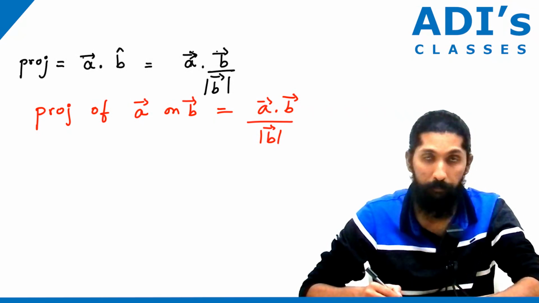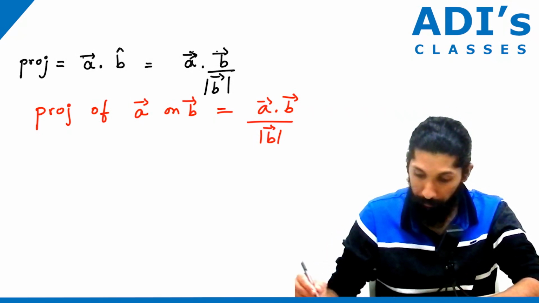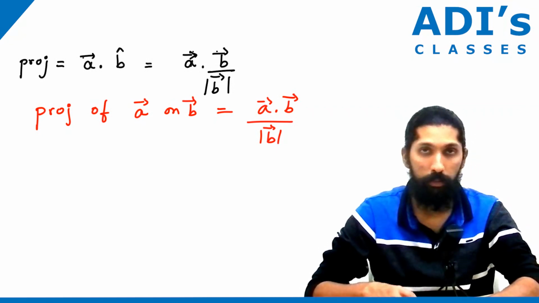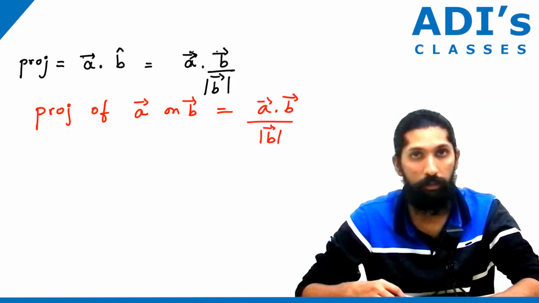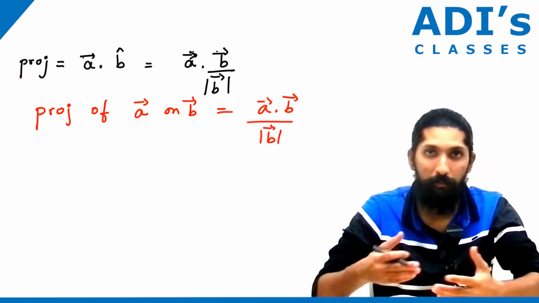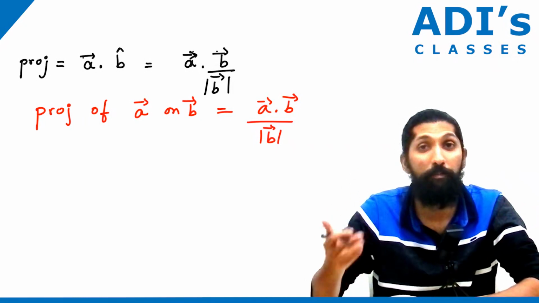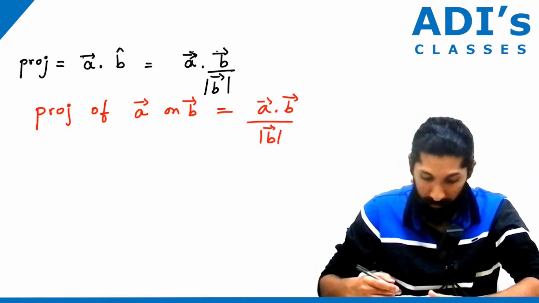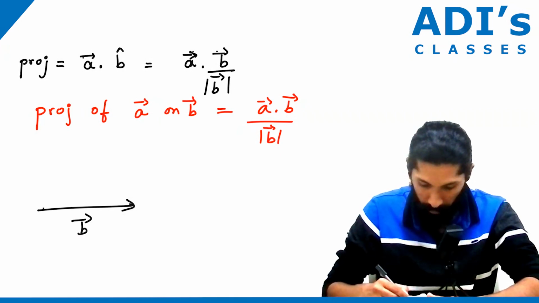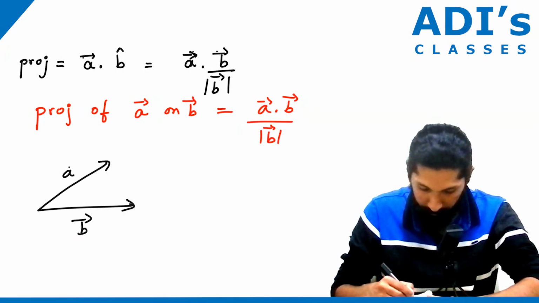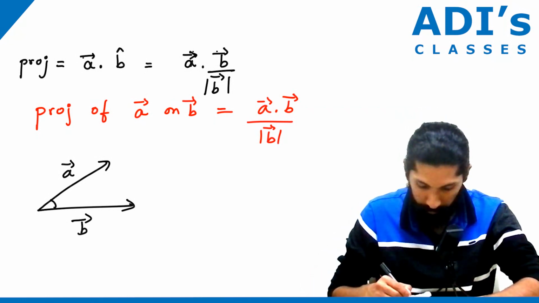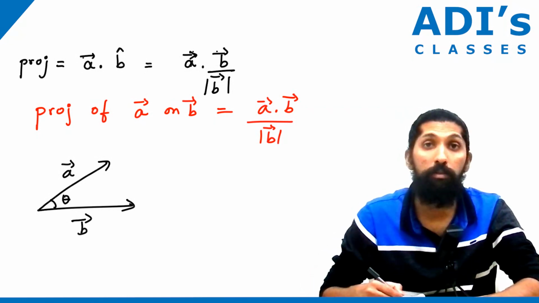Suppose vector A and vector B are in the same direction, that is, theta is equal to 0 degree. Then vector A and vector B are one and the same. Take an example: say this is vector B, and assume this is vector A, and this is angle theta. Assume theta is equal to 0 degree.